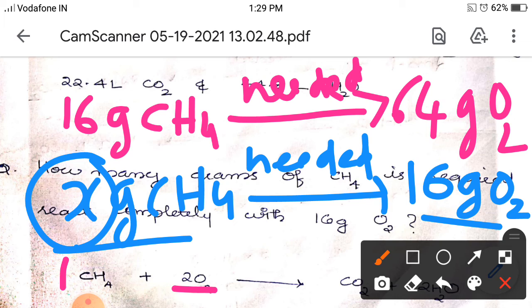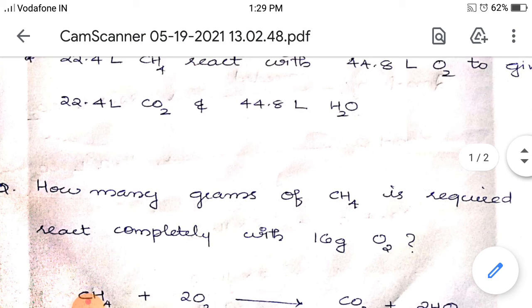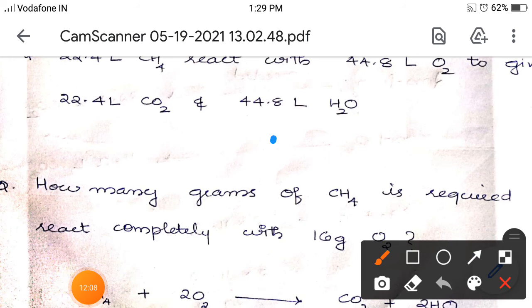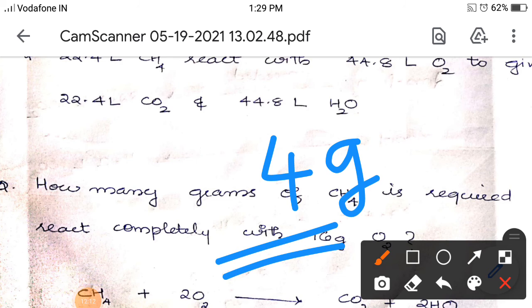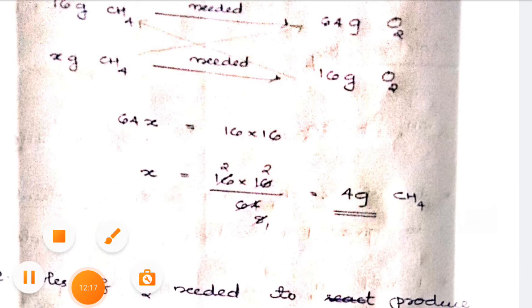That is 64 into x equal to 16 into 16. From that you have to calculate x. What is the value of x? It is 4 gram. Hope you got the answer.